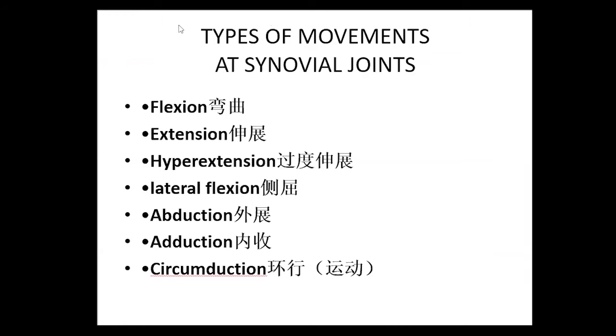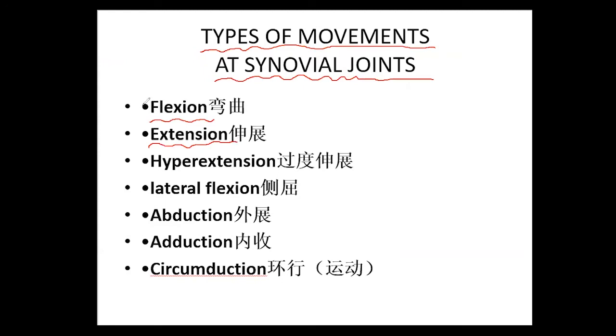Then we talk about the different types of movement. We're still talking about the indirectly connected joints here. Directly connected joints don't have much movement, only indirectly connected joints. So, the basic movements are flexion and extension.